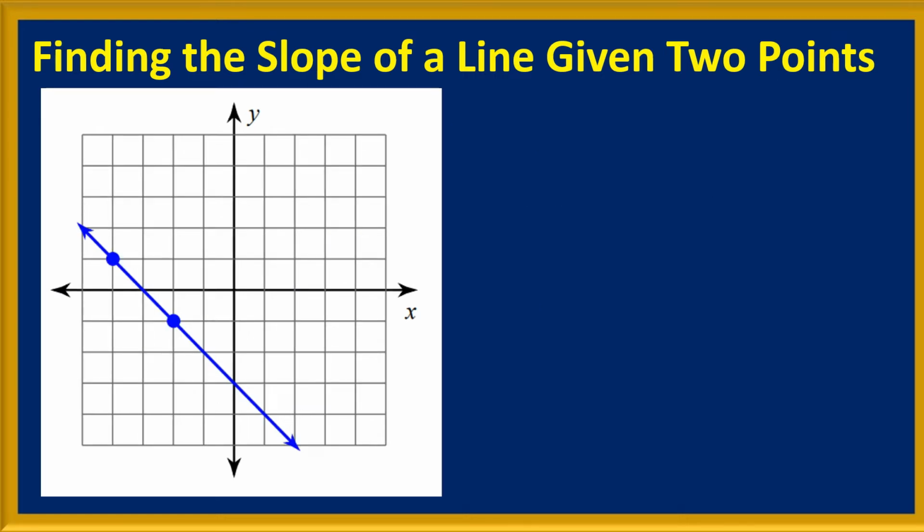Next example, so finding the slope of a line of given 2 points. Again, our slope is equals to rise over run. Okay, so mag-start tayo sa pinakamababang point. So ito yung pinakamababang point natin. So tatapatan natin tong point na to. So movement natin upward, 1, 2. So ito na yung katapat niya.